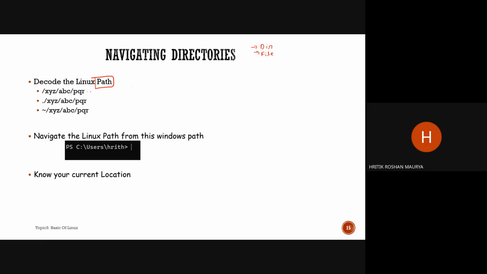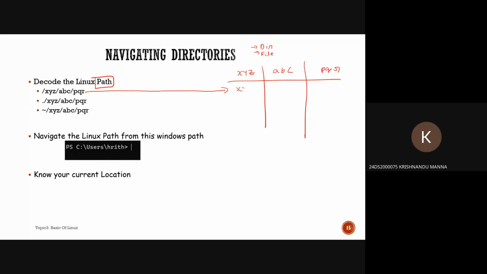Everywhere there is XYZ, ABC, and PQR. You have to say which is a file and which is a folder. For this one, is XYZ a file or a folder? It's a folder. ABC? Folder.